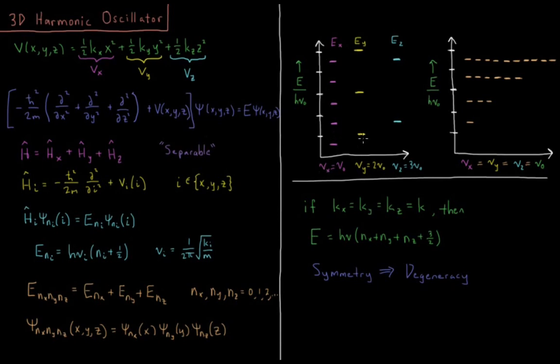For Ey, it's going to be 1, 3, 5, etc. And for Ez, it's going to be 3/2, 9/2, etc., going up from there. The density of states here depends on what the angular frequency is in each of the individual dimensions, determined by their spring constants.